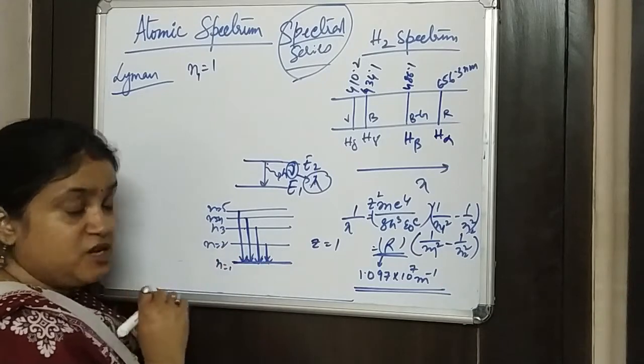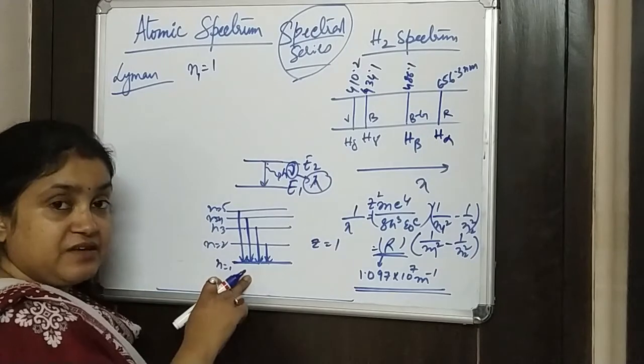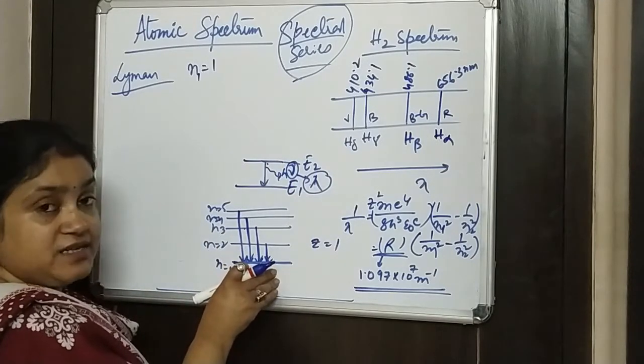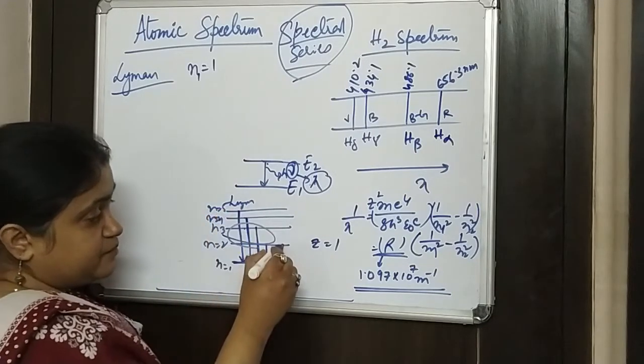the first level. So from any other higher level, when an electron jumps to the first level, whatever set of the series that we get, we call it the Lyman series. So this set we call Lyman.